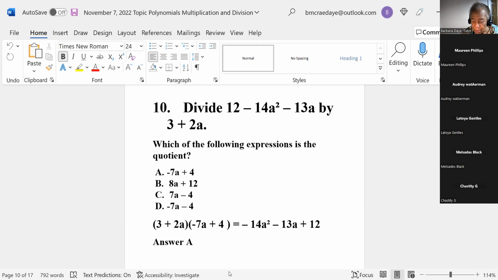I think I did it, but I don't think I sent it. Okay. So Toya did hers with long division. Long division works also, but like I said, you didn't have to do long division. Long division would not give you a remainder. You get minus 7a plus 4. Okay. Questions on number 10?